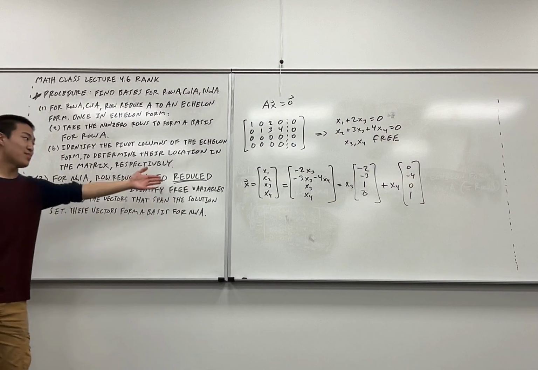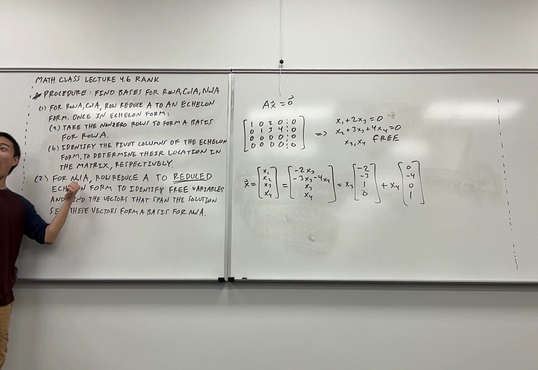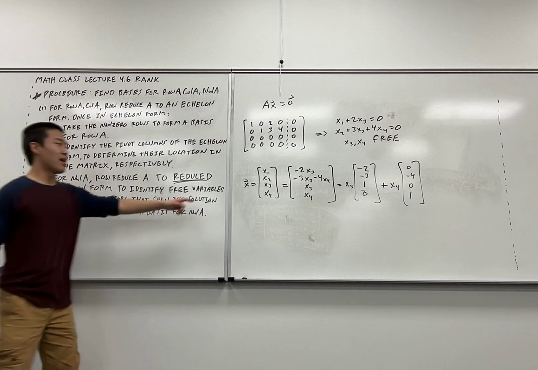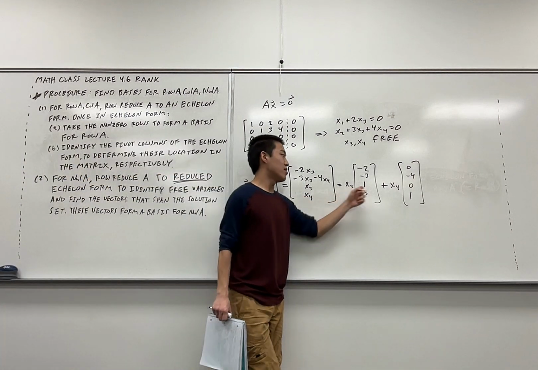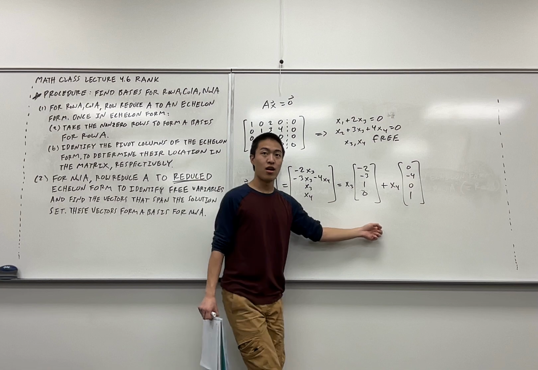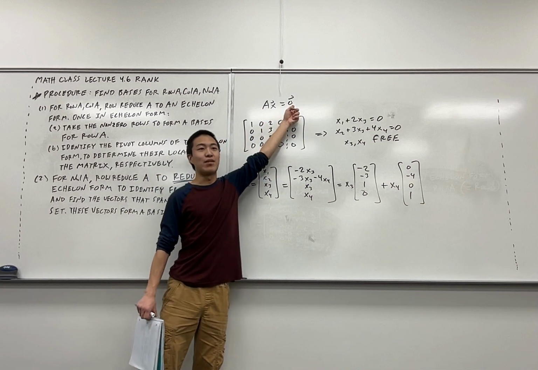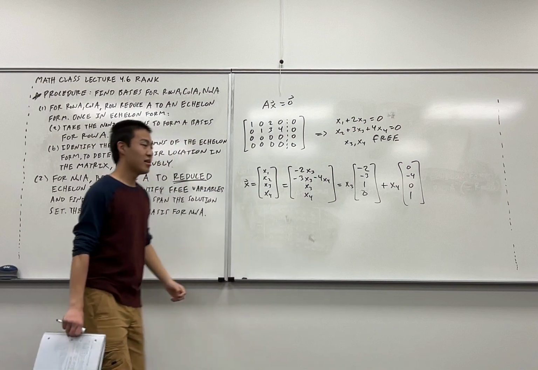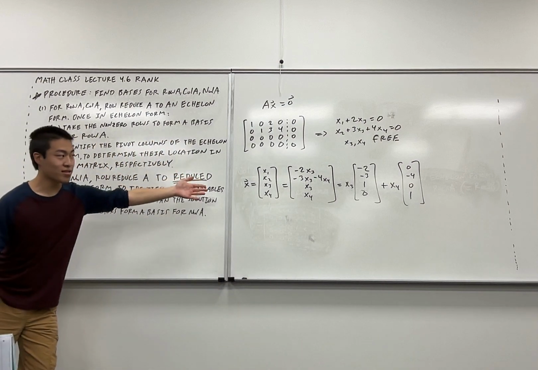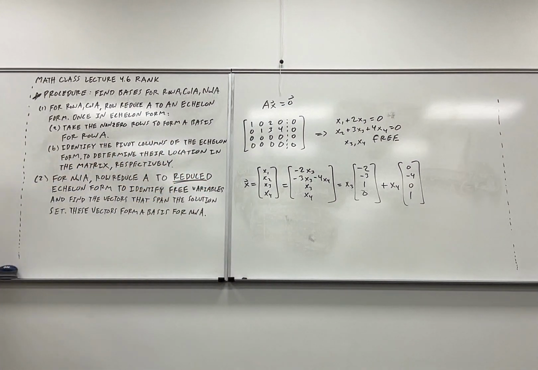So it's a basis for what? The null space, okay? Because every single combination of these two vectors is going to spit out 0 if I multiply it. So no matter what I choose for x3 and x4, it's going to spit out something that is in the null space because it sends it to just 0.